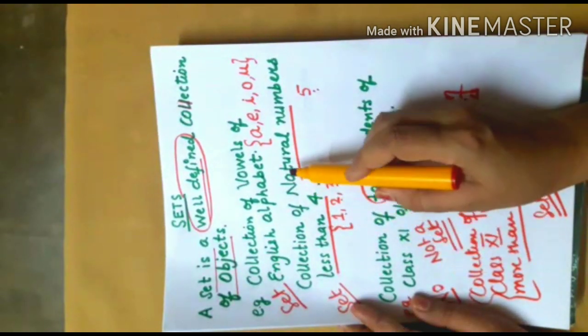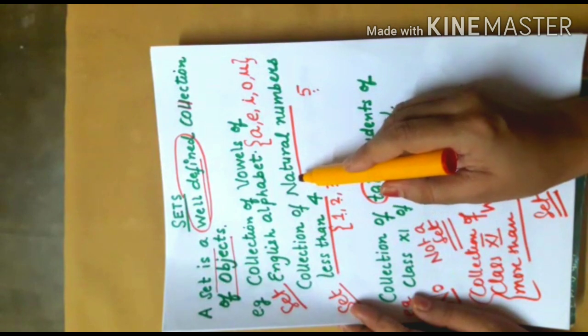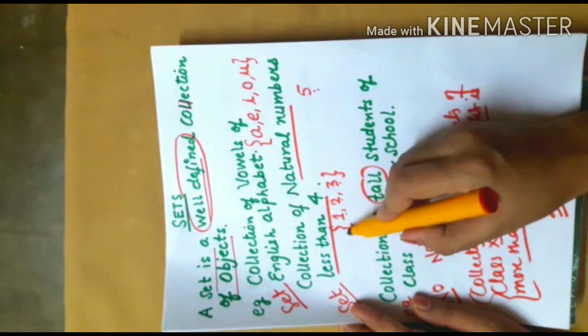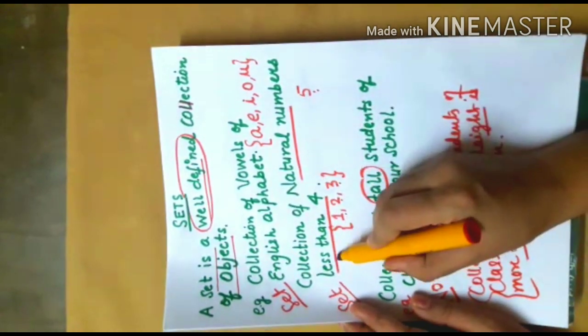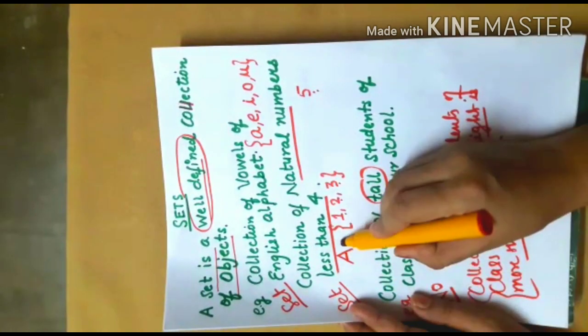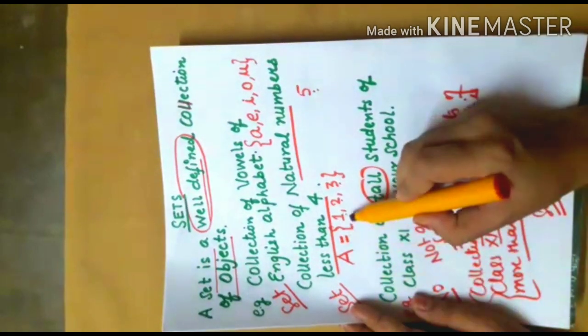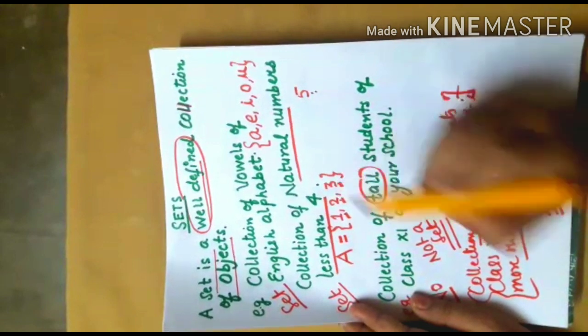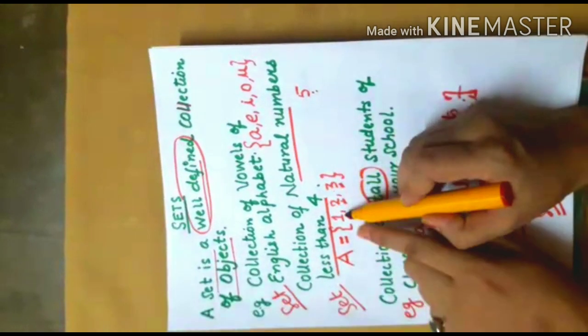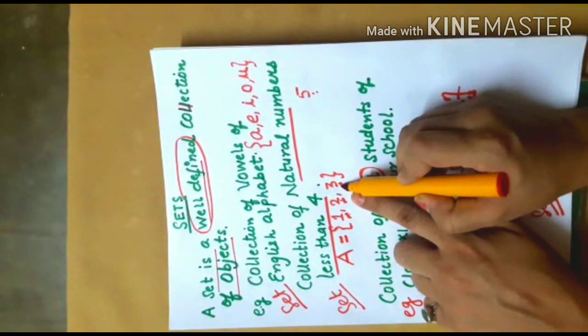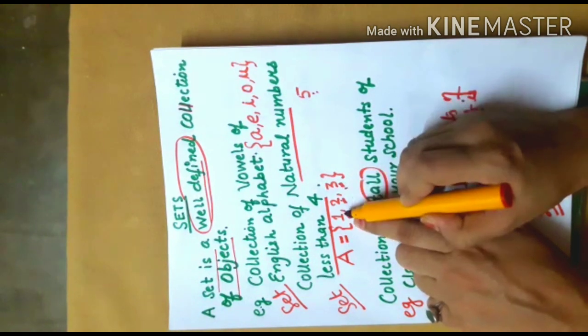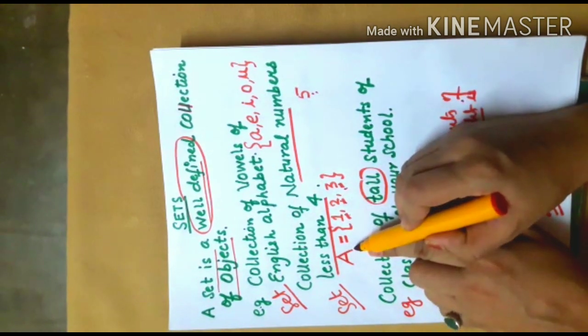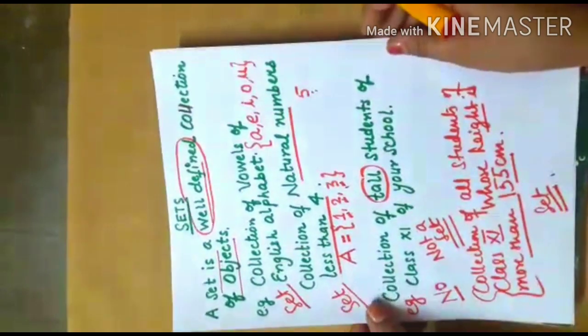So a set is always denoted by a capital letter, so I'll denote this collection, say, with the capital letter A. And these elements 1, 2, 3 are called the elements or the members of the set A.